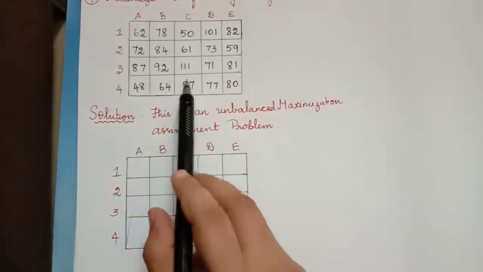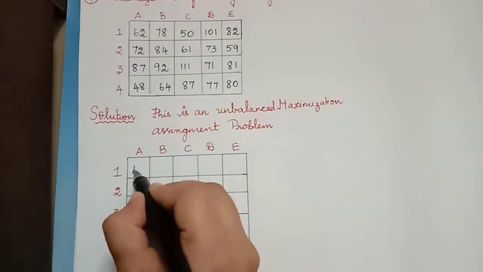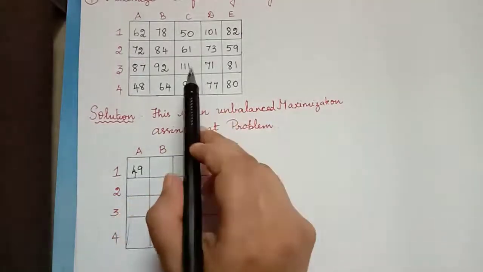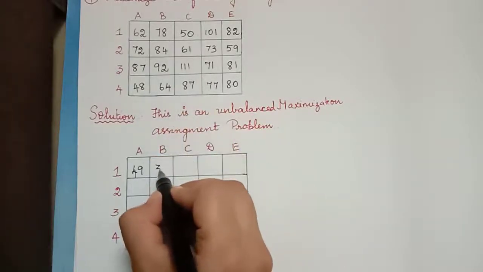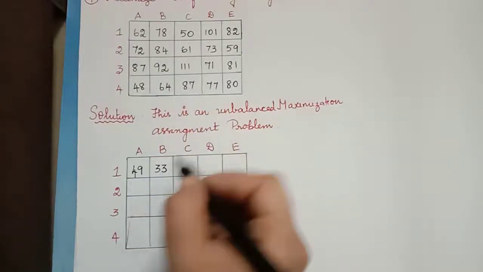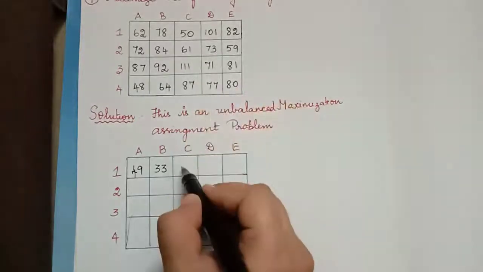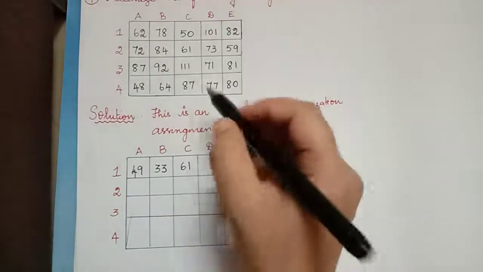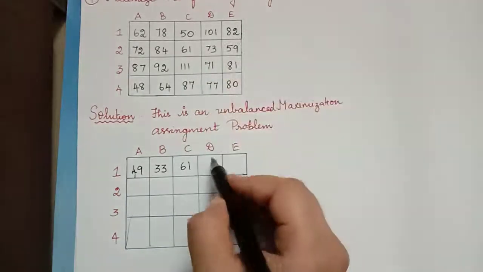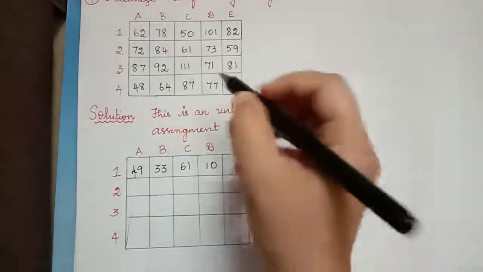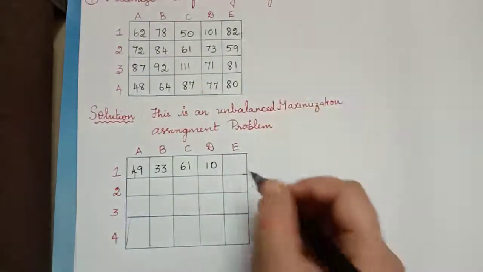So 111 minus 62 is 49. Then 111 minus 78 is 33. 111 minus 50 is 61. Then 111 minus 101 is 10. Similarly, 111 minus 82 is 29.